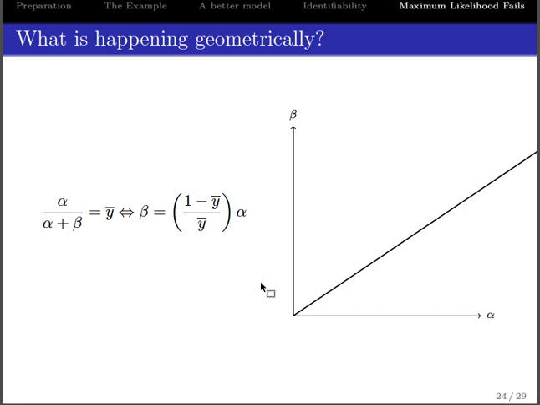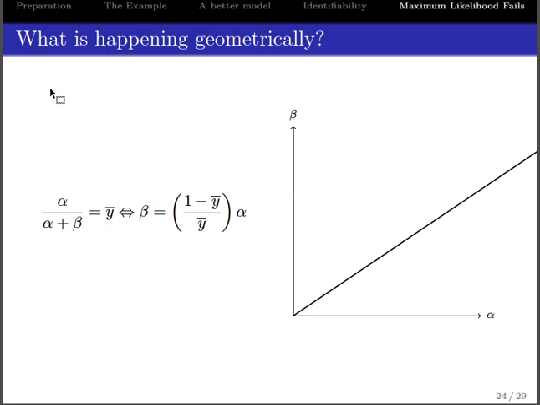So every point along this line, assuming that the slope is 1 minus y bar over y bar, every point on this line is a maximum of the likelihood function, and the likelihood function itself will look sort of like a sheet draped over a clothesline, and there's a ridge along the top where the maximum occurs, and it's the same height at all these points that satisfy alpha over alpha plus beta equals y bar.